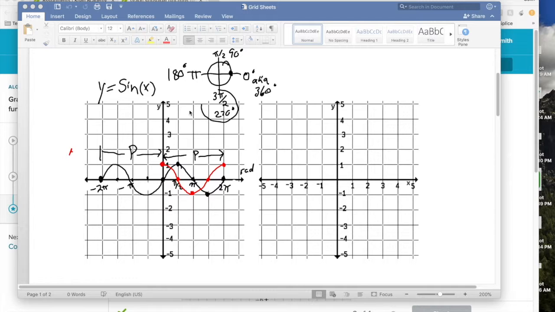So if we have the regular old y equals cosine x, that's when you know that your function is going to be starting on the hump, as I like to say, up here at 1, and it'll be continuing just like the sine function does. So it's basically the same as the sine function. It just looks like it's been moved back a space.